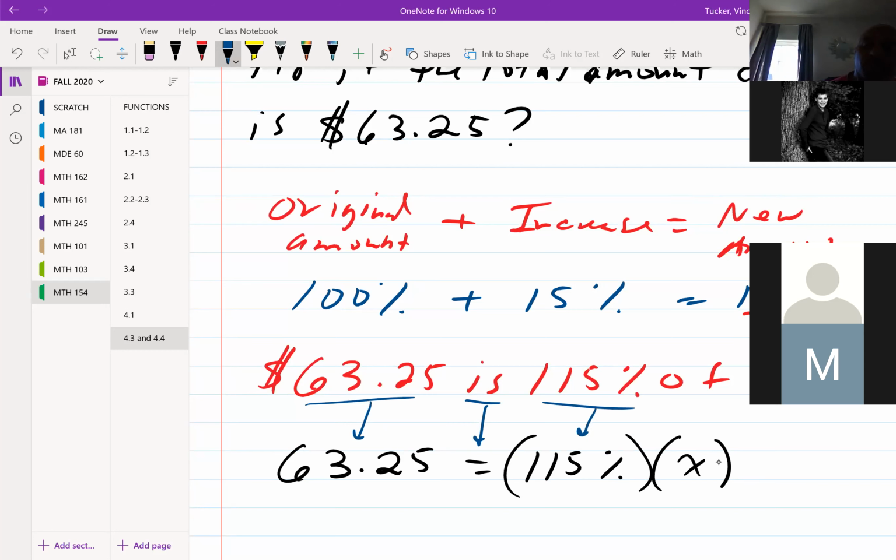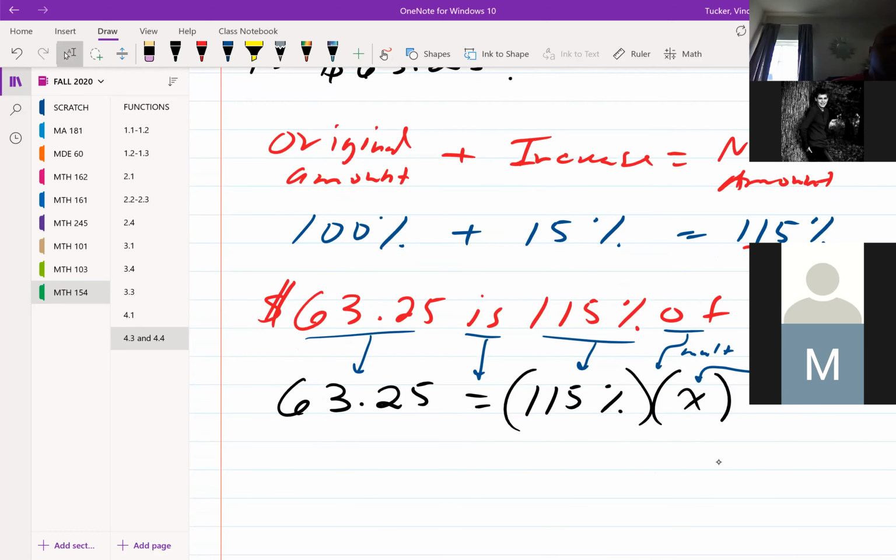Your percentage, we're going to convert that to a decimal. Of is multiplication. And then, of course, what is just my unknown. So 63.25 equals, as a decimal, 1.15x.